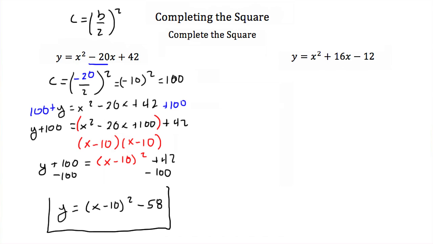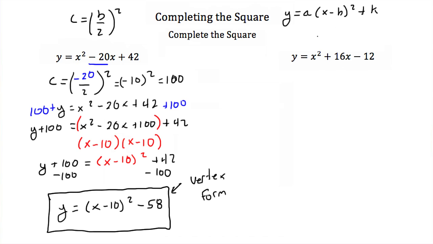So here is the factored form of y is equal to x squared minus 20x plus 42. Notice that this is also in vertex form. Remember, vertex form is y is equal to a times (x minus h) squared plus k, where your vertex is equal to (h, k).